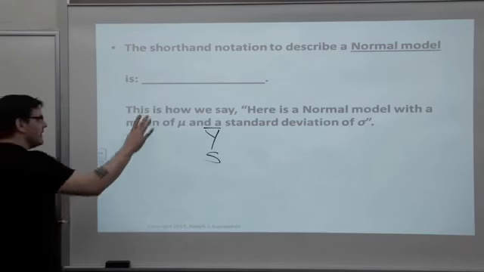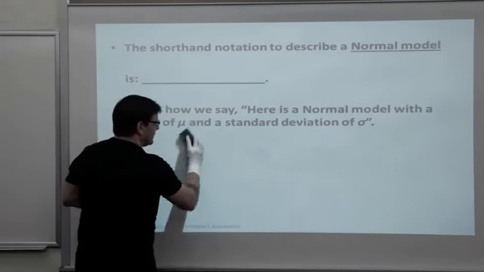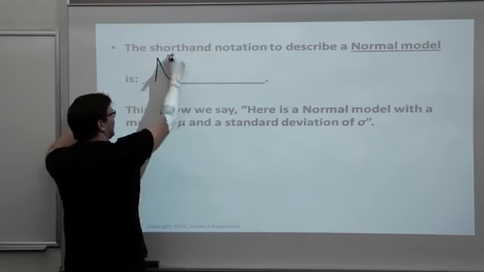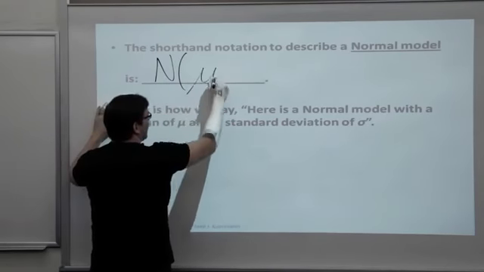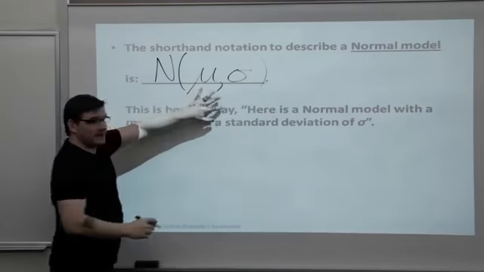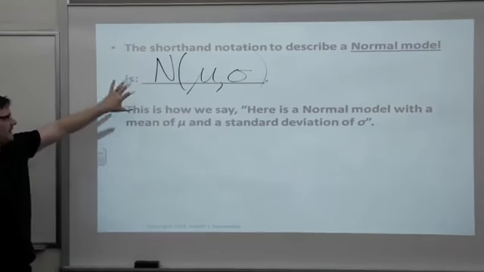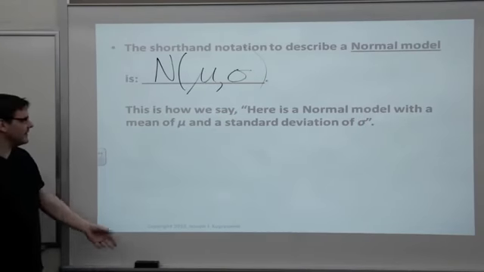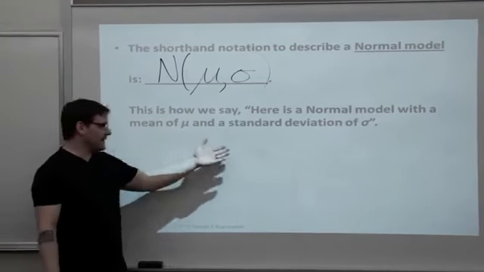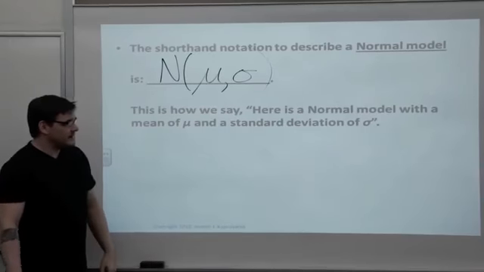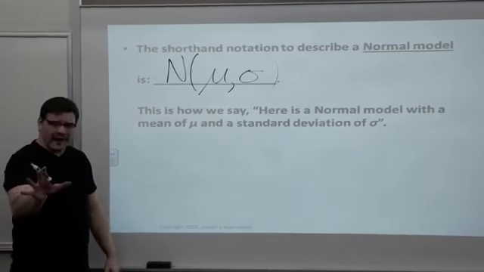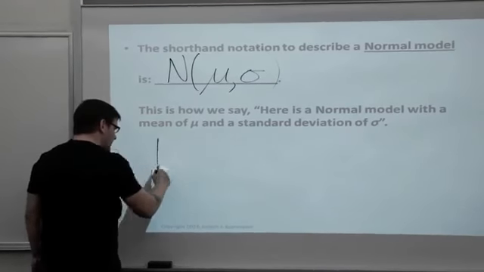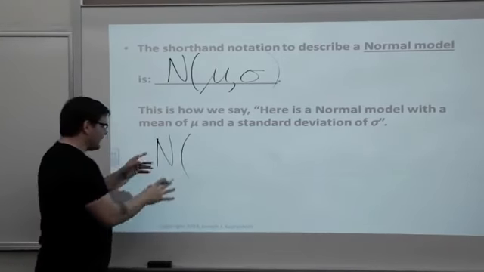All right. There's shorthand notation to describe a normal model, and it's capital N with a parenthesis and then mu and sigma. Don't let this confuse you. It's just shorthand to say, hey, we've got this normal model here, and the mean is mu, and the standard deviation is sigma. That normal model from the doctor's example with female patients' heights, how could I refer to that normal model?